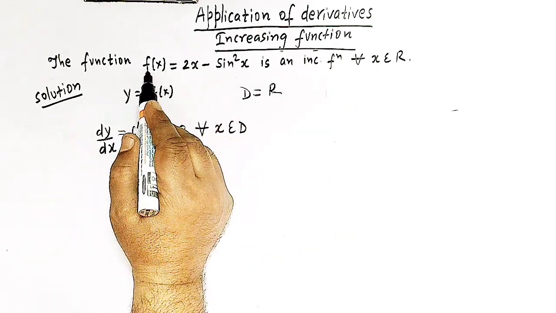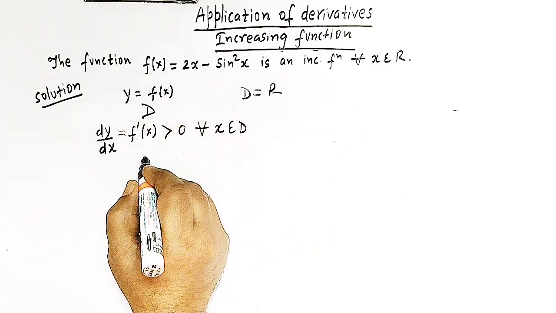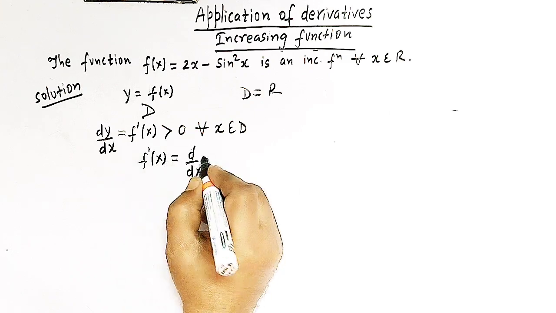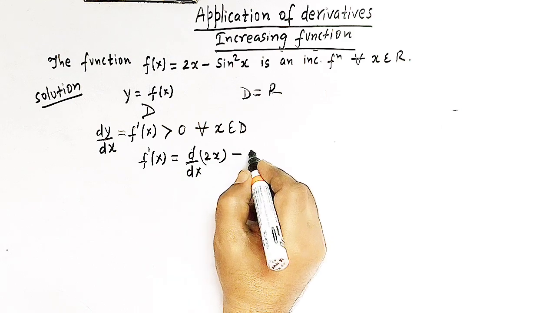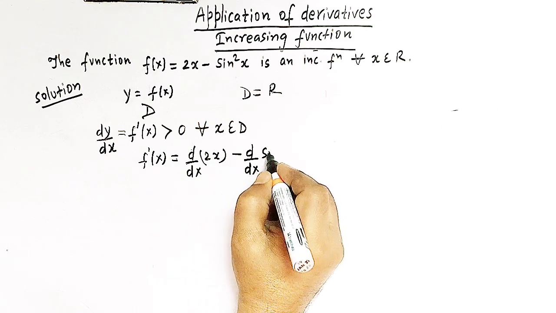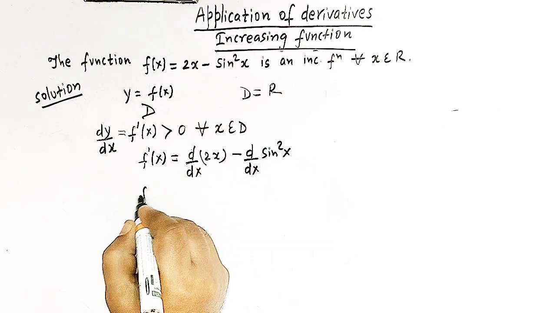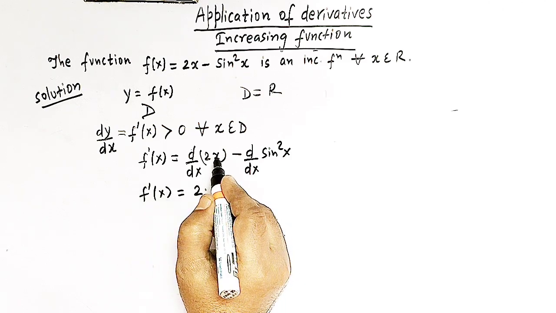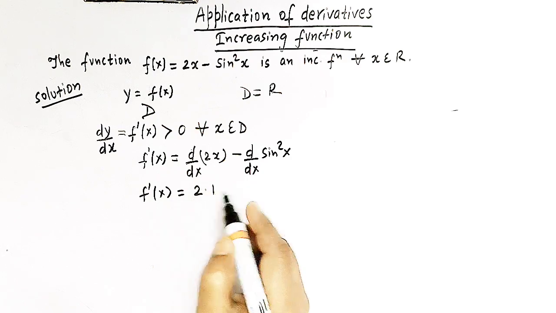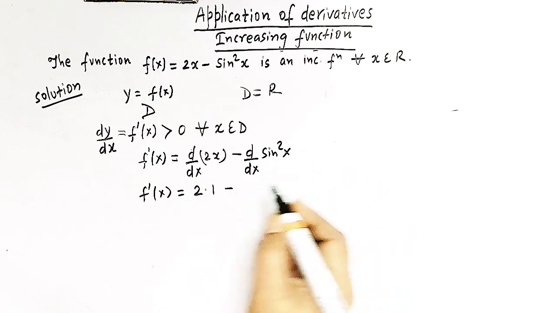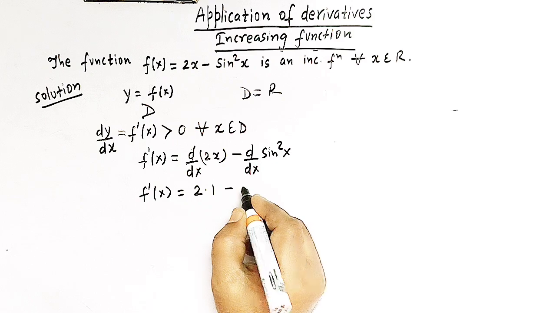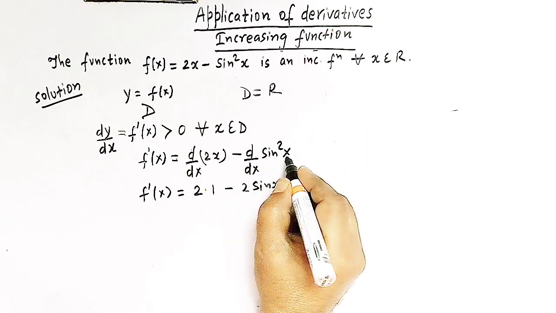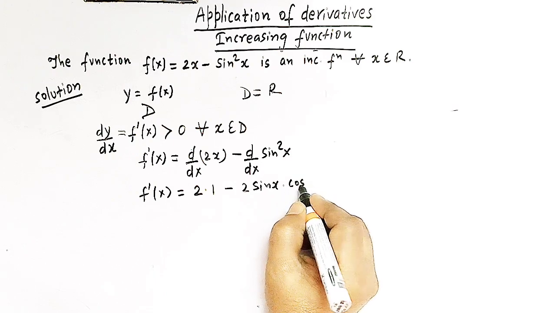Now let us differentiate this function with respect to x. So f prime of x is given by d by dx of 2x minus d by dx of sine square x. Now f prime of x is given by 2 times 1, since the derivative of x with respect to x is 1, and here we have the derivative of sine square x as 2 sine x, and then by chain rule the derivative of sine x is cosine x.